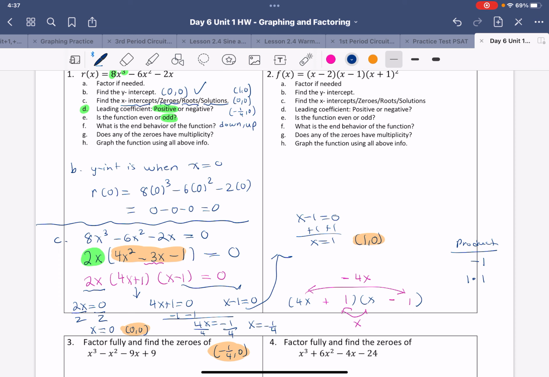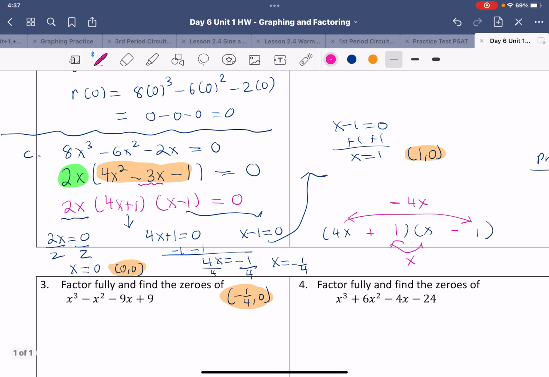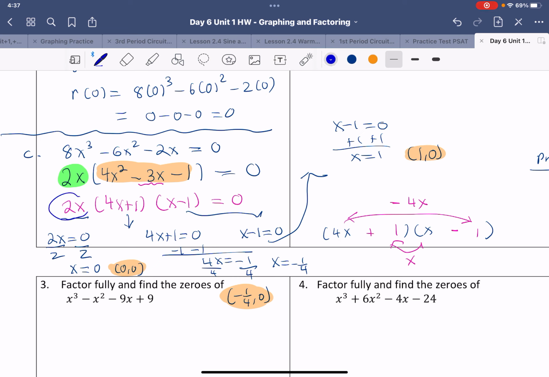All right. So the one term that's kind of new in this unit is multiplicity. So multiplicity means how many times a factor appears. So when we go down here, do we see that 2x happens once, 4x plus 1 happens once, x minus 1 happens once.